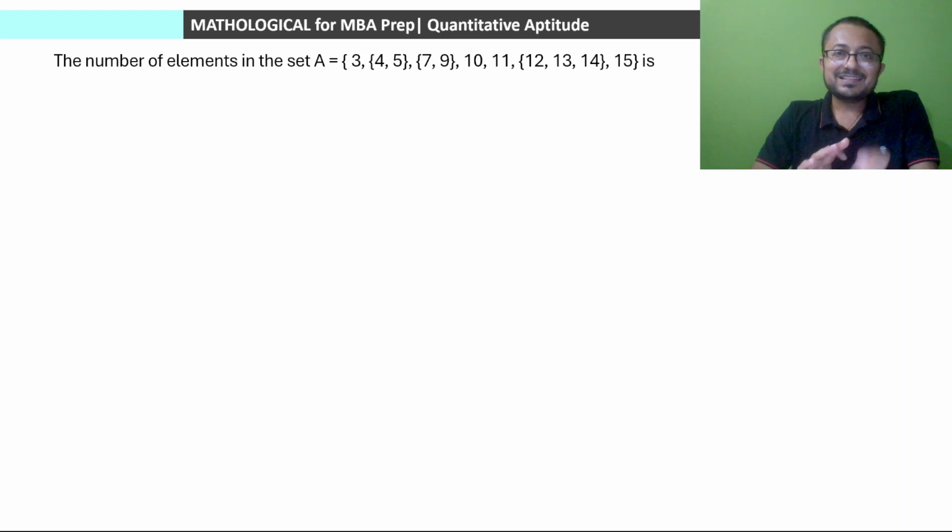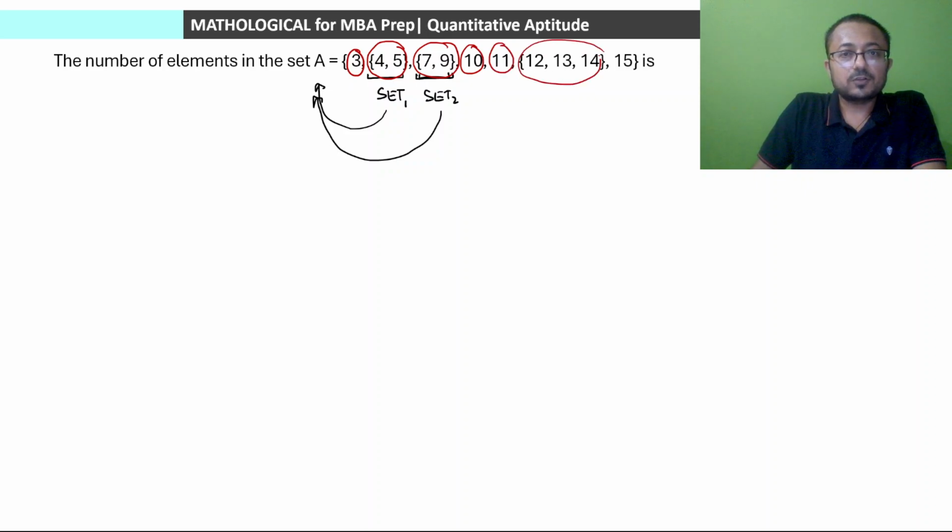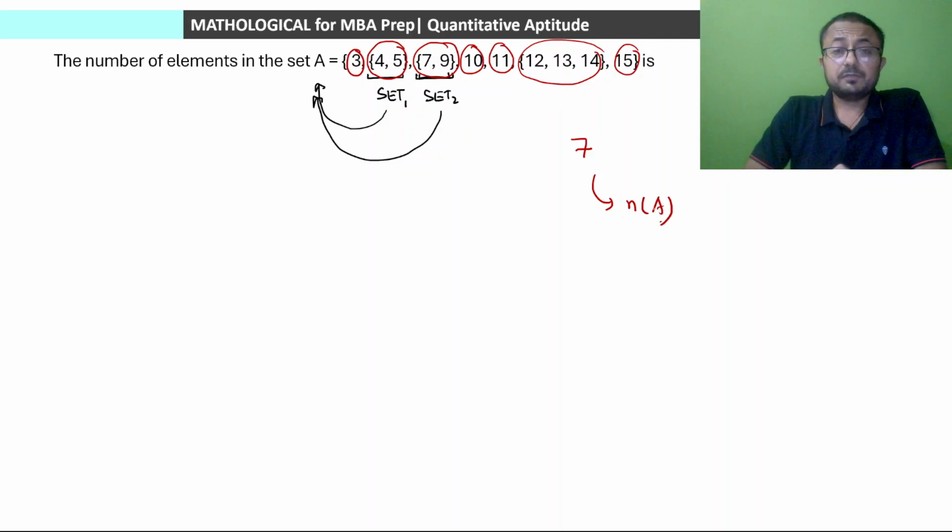Now look, inside a set, a set can also be an element, because {4, 5} is also a set, but this set is an element of set A. Similarly {7, 9} inside the curly braces is another set, and this set is also an element of set A. So how many elements will there be? In this case we have one element, then this set is also an element, 2 elements, 3 elements, 4, 5, then 6, this is also a set which is an element, and 7. So the total number of elements is 7. So 7 is the number of elements in this set A, or the order or cardinality of this set A.